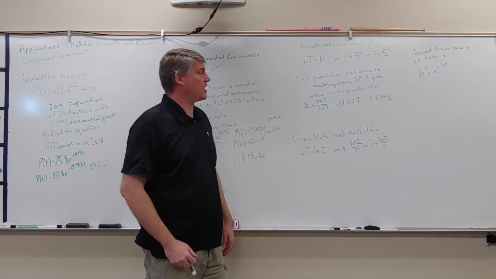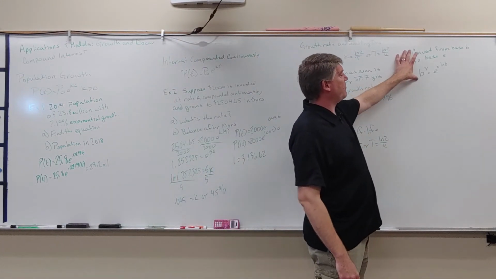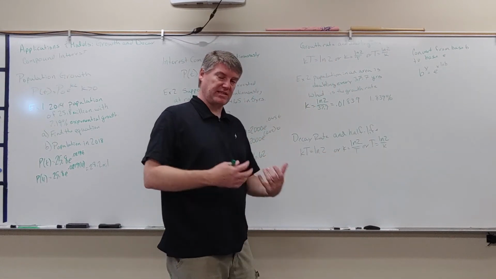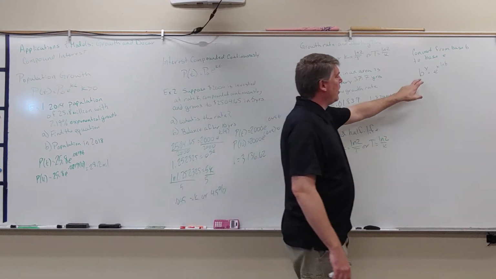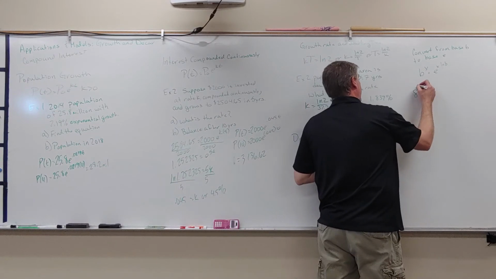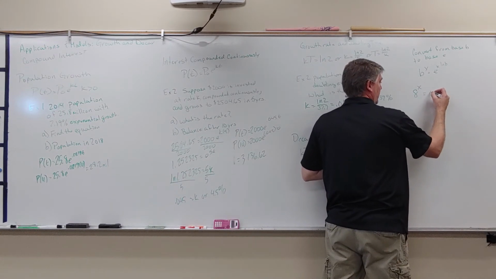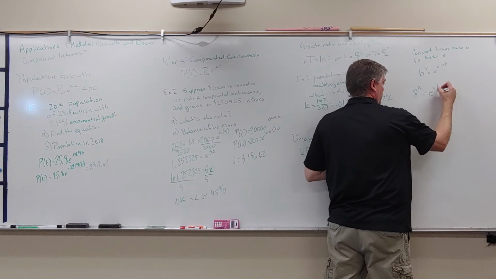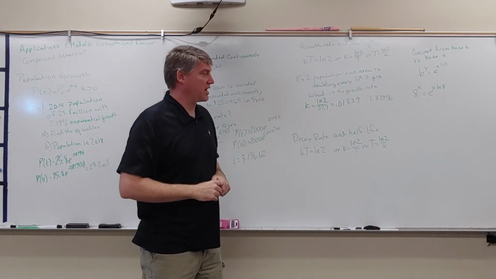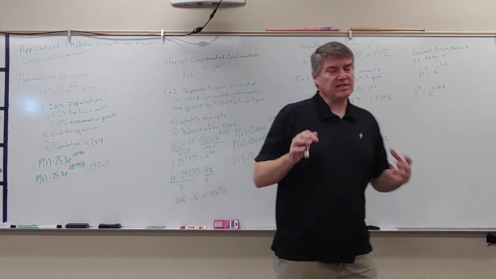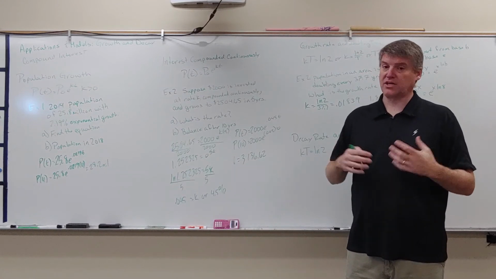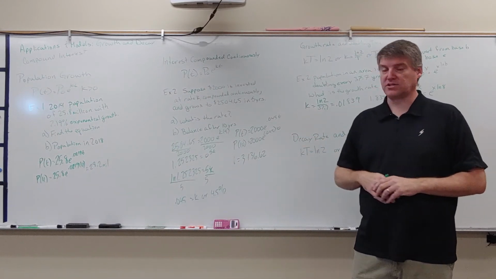The last thing we're going to talk about is if I want to convert from base b to base e, if I have b to the x, how do I get that to be e to the x? Well, b to the x is going to equal e to the x natural log of b. So if I have 8 to the x, this is going to give me e to the x times the natural log of 8. Okay, natural log of 8 is just a number. Okay, lots of applications for exponential functions. We use them all the time, and log functions, natural log.